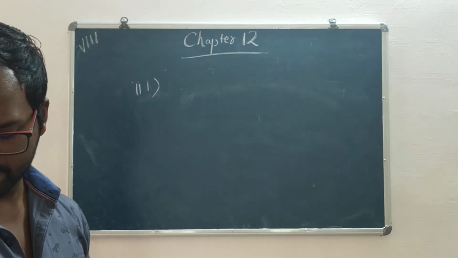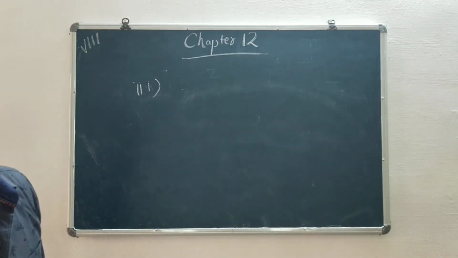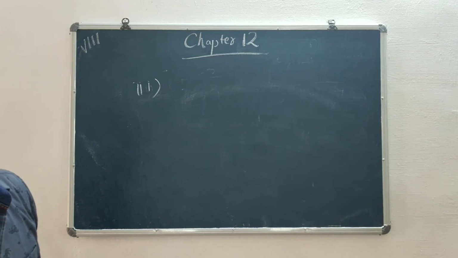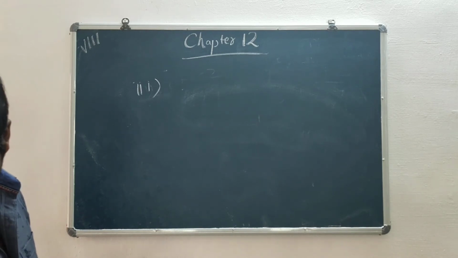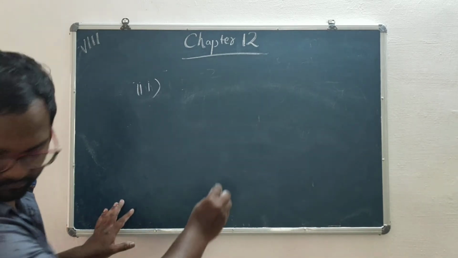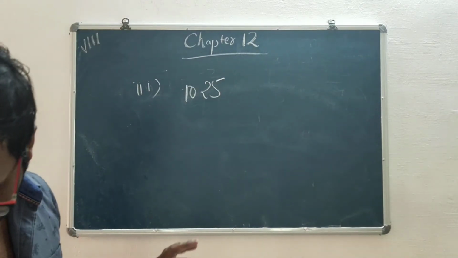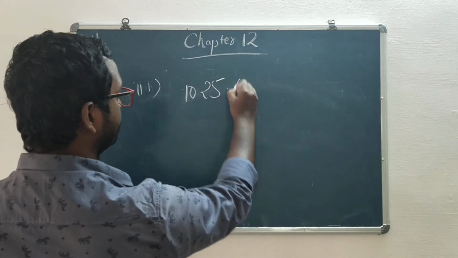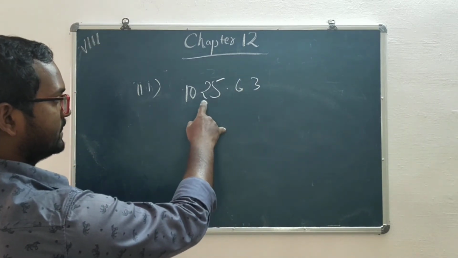in this type of question, expand the following number using exponents. The number is 1025.63. See, ones, tens, 100, 1000.